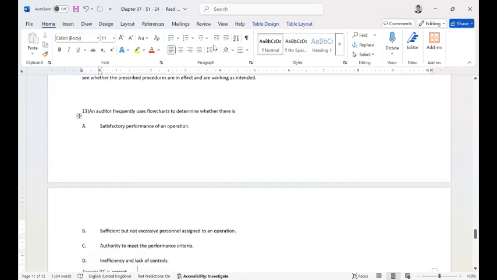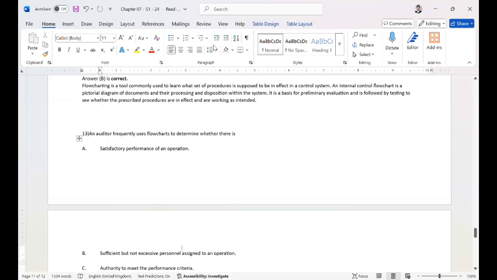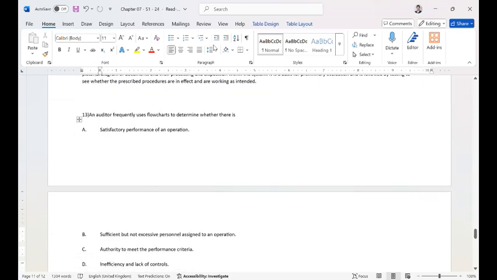Question number 13. In order to frequently uses flowcharts to determine whether there is satisfactory performance, sufficient but not authority to meet the inefficiency and lack of control.